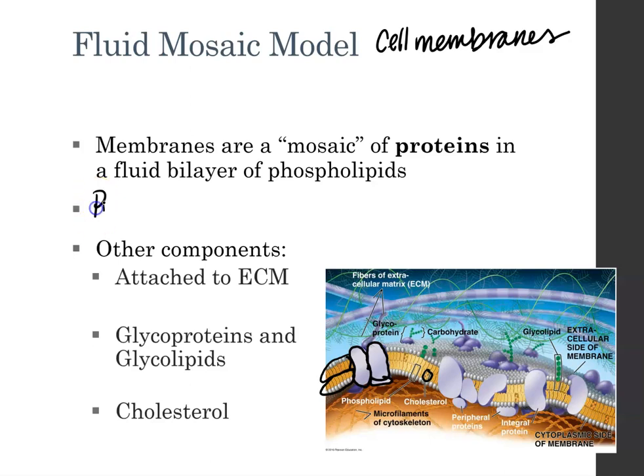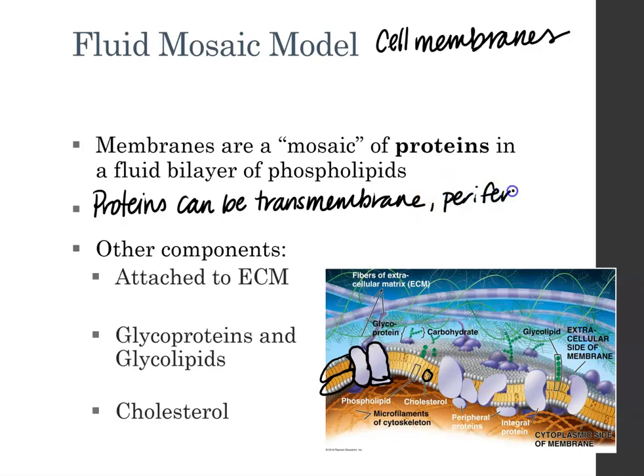Those proteins can be transmembrane, meaning they stretch all the way across the membrane. They might be peripheral, which means they're stuck to the outside or to the inside, but not embedded in the layer.